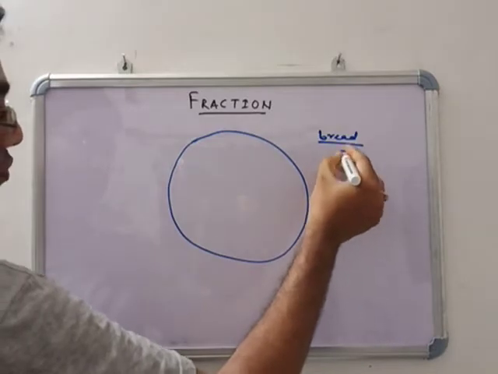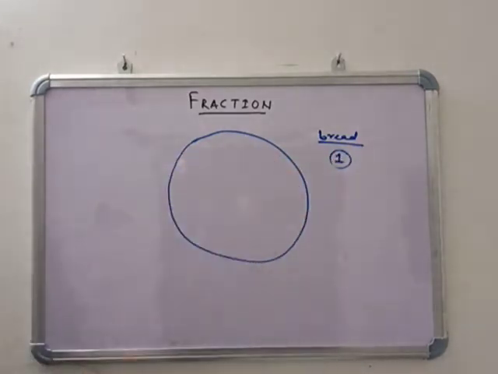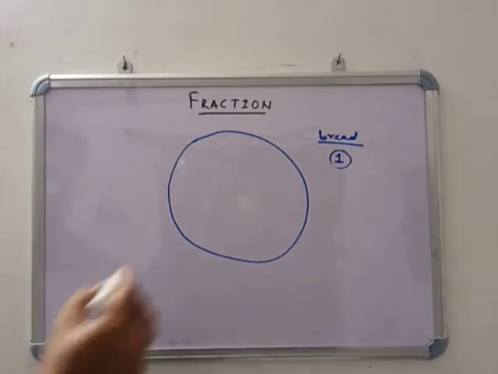I am taking one piece of bread. Now suppose someone has 6 brothers and sisters. Then we have to divide this bread or pizza into equal pieces.